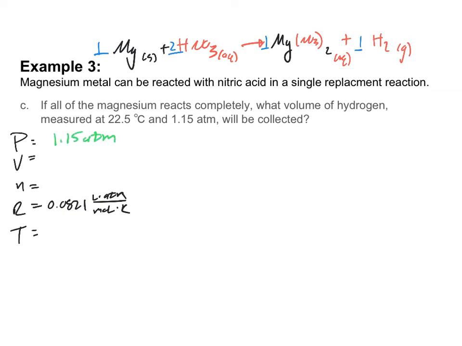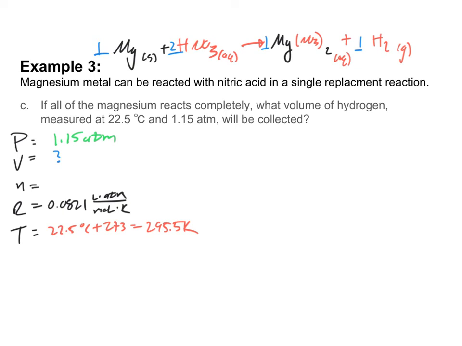We're given a temperature here, which is 22.5 degrees Celsius plus 273, which is, let's see, 295.5 Kelvin. And we're asked to find volume here, but we don't have moles, or do we?